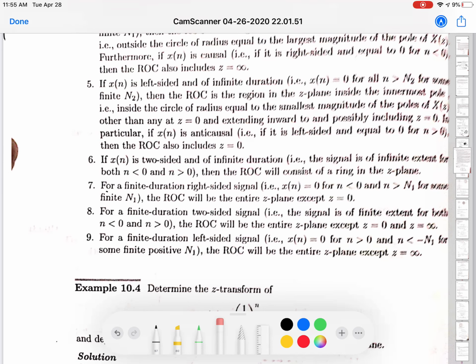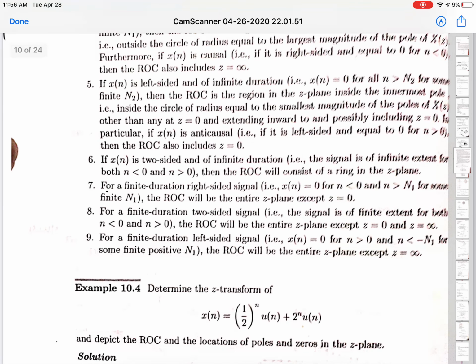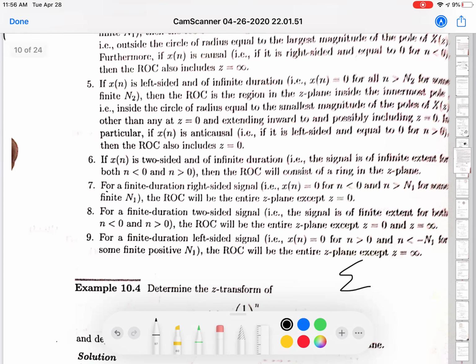Now consider the next property. For a finite duration right-sided sequence, the ROC will be the entire z plane except z equals 0. Finite duration right-sided sequence means, let us suppose in the z transform formula, x[n] is defined from 0 to N, right-sided.